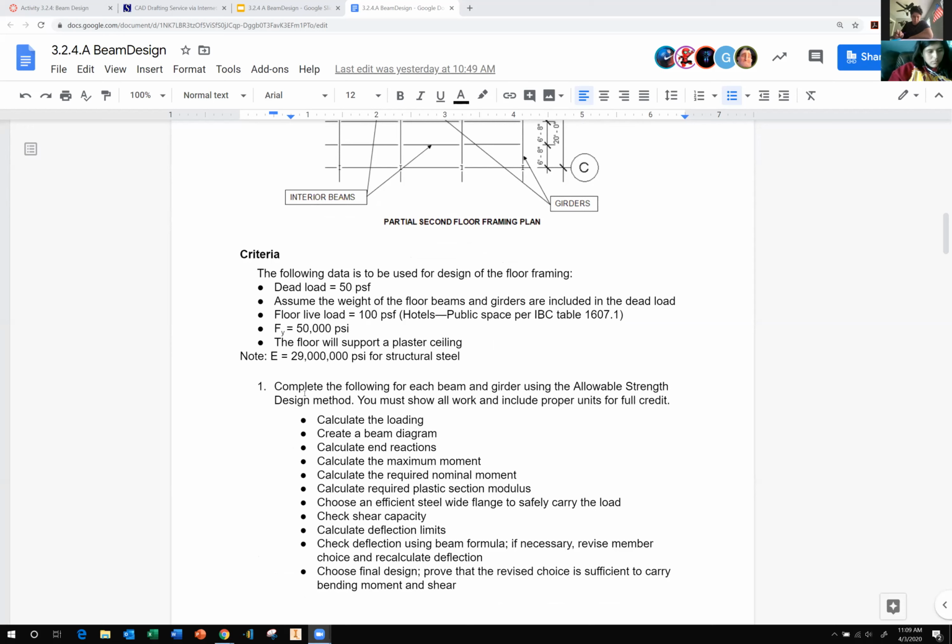For the interior beam, my knowns, which are true for all the problems, are that dead load is equal to 50 PSF. Live load is equal to 100 PSF, and they determine that based on code. And Fy, which I'm going to get into, is equal to 50,000 PSI. I also know that it supports a plaster ceiling.